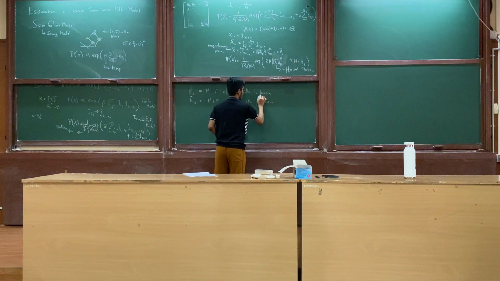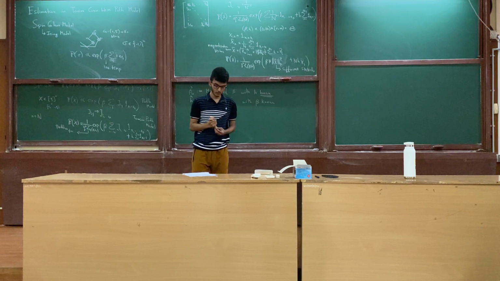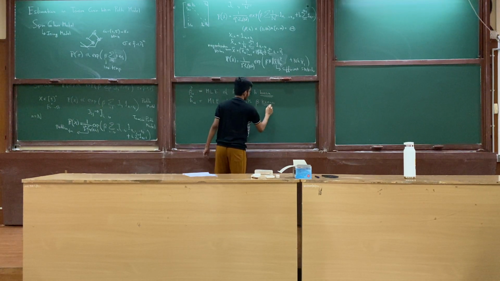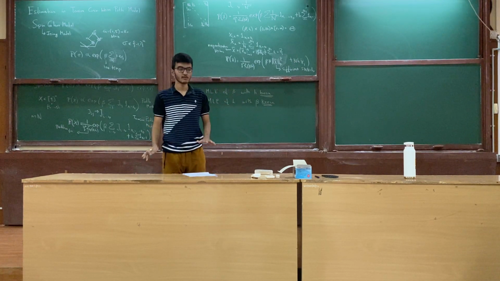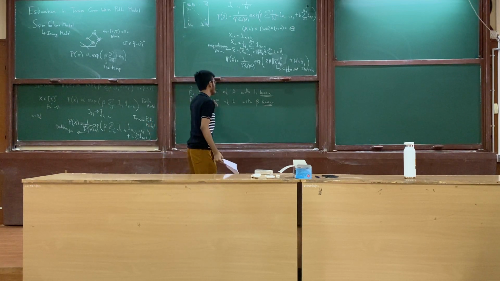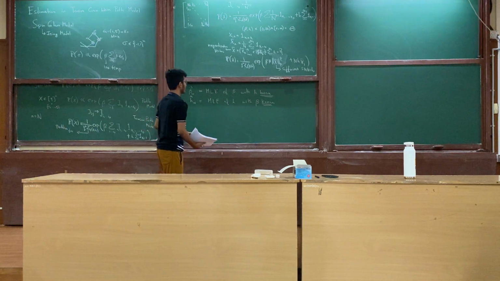As you see here, an important step I have taken: when I am estimating one, I am taking the other to be known. So why not simultaneously estimate both of them? But actually that's not possible. We will show that it is not even possible for the MLE case. For other cases it might be possible. For the MLE you have to take one to be known. So we got two estimators.